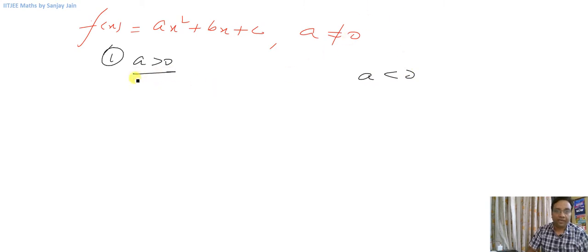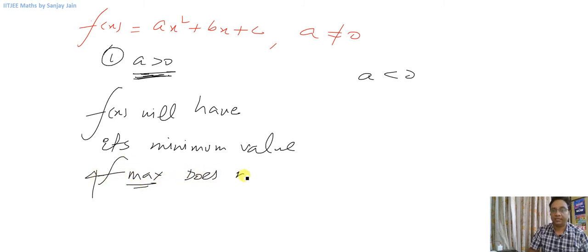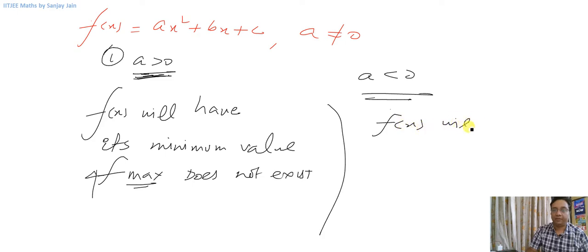Okay, when a is positive, we have noticed f of x will have its minimum value, and maximum value, that is f max, does not exist in this case, but when I have a less than 0, f of x will have only maximum value and minimum f min will not exist in this case.